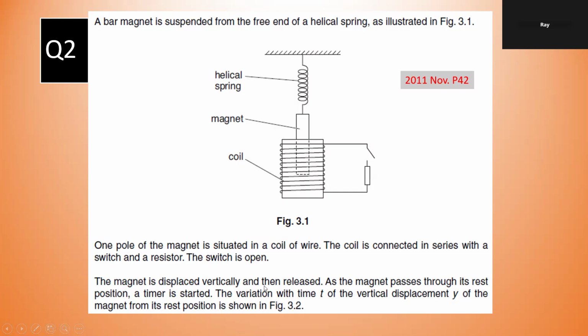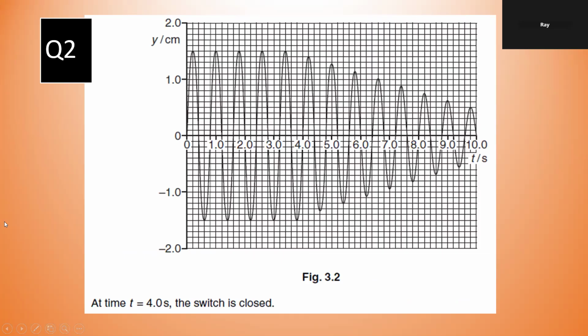The magnet passes through the rest position at time zero as the timer is started. The variation with time t of the vertical displacement y of the magnet from the rest position is shown in figure 3. There's a graph there.